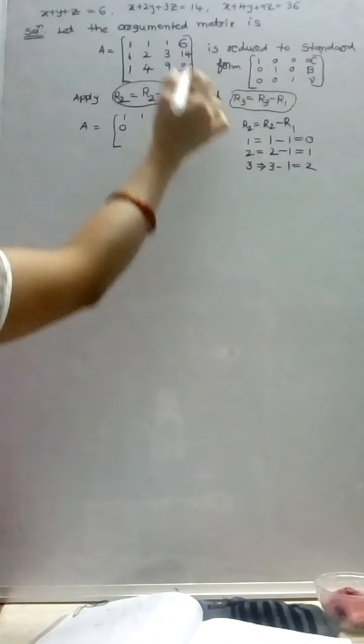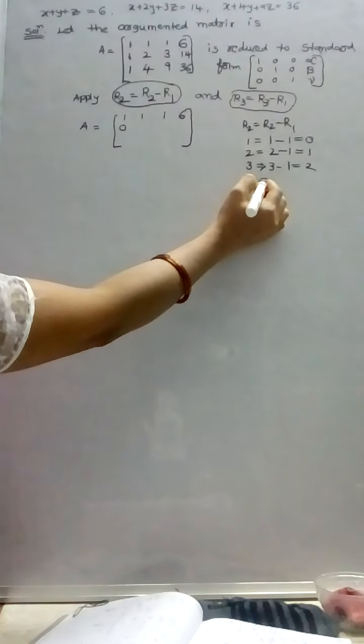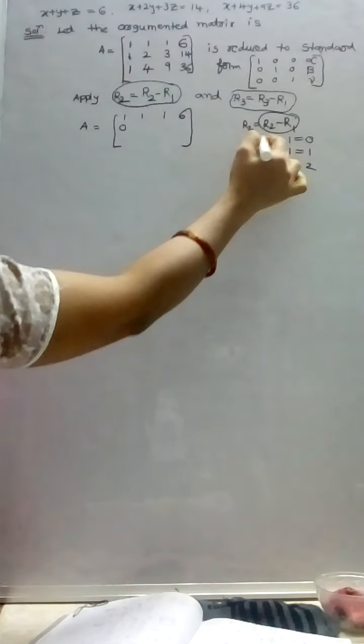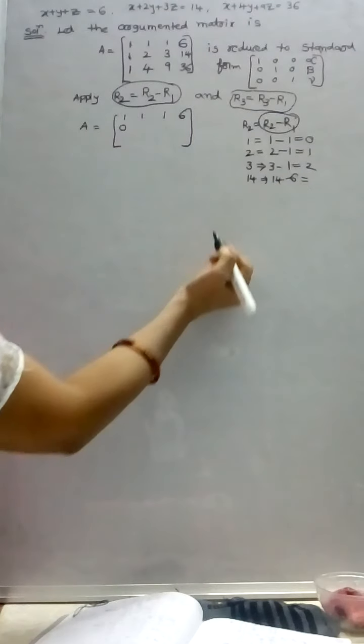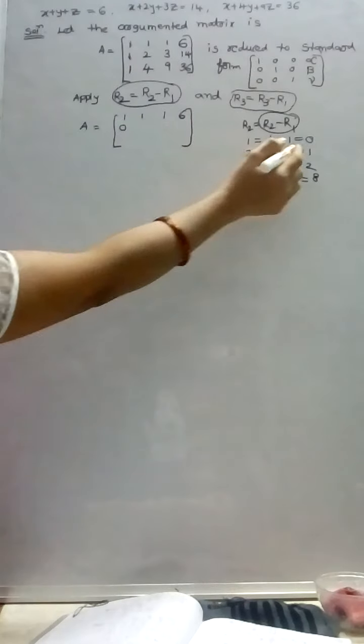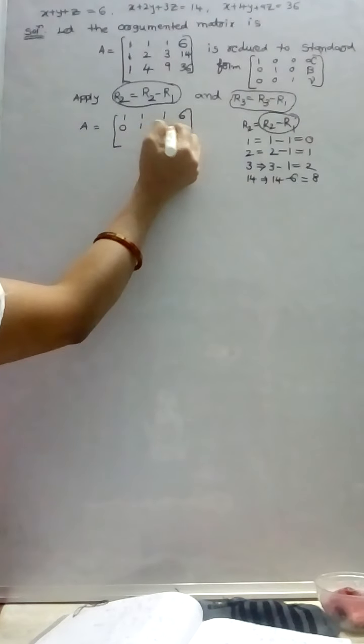Next we take 14, which changes to 14 minus 6, equal to 8. This is the second row: 0, 1, 2, 8.